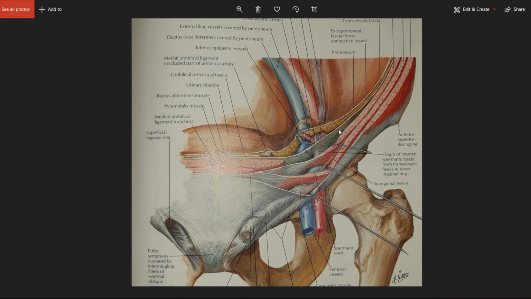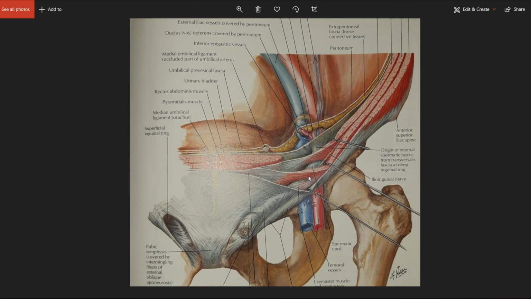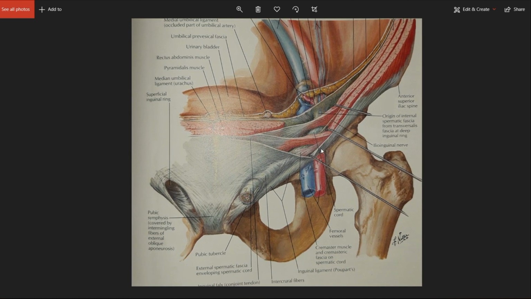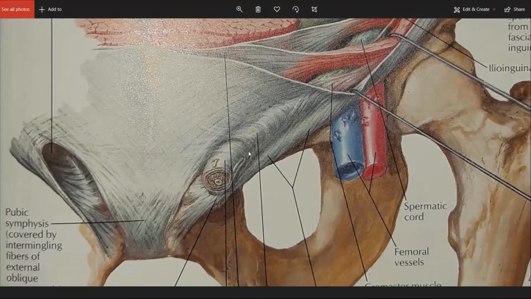Now, let's try to understand how the inguinal canal is present. See, this is the external oblique aponeurosis. This over here, can you see an opening? This opening, this is what we call this bulged opening.